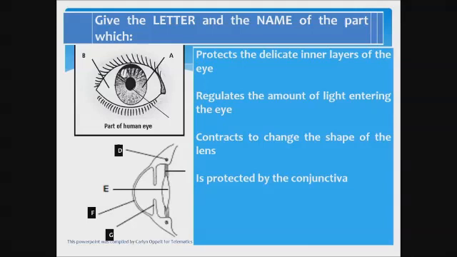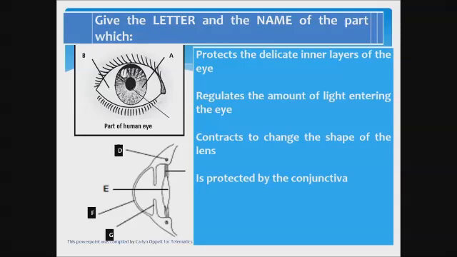Read carefully. That is why I've inserted this, because we always find that learners either forget or don't read properly, and there you have a frontal view and side view, and now you have to identify the letter, and give the name of that part of the eye that protects the delicate inner layers of the eye. There's another question: the letter and the name of the part that regulates the amount of light entering the eye.